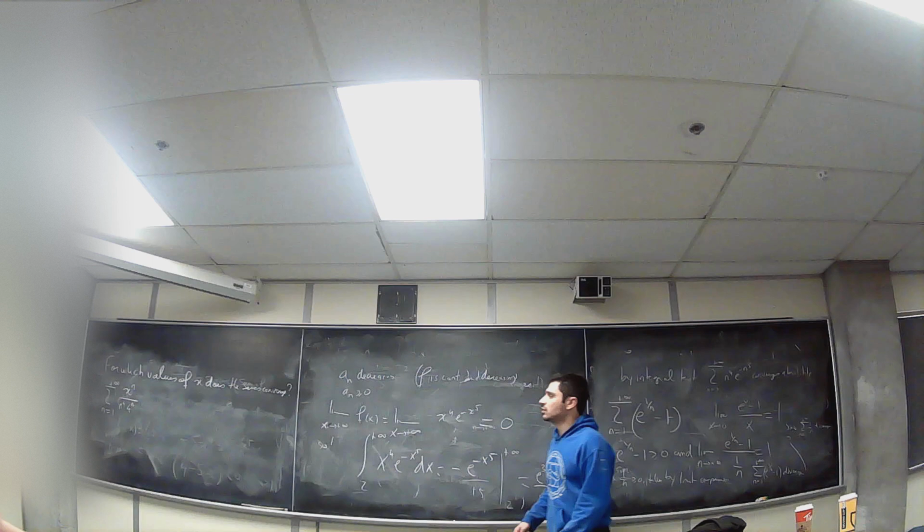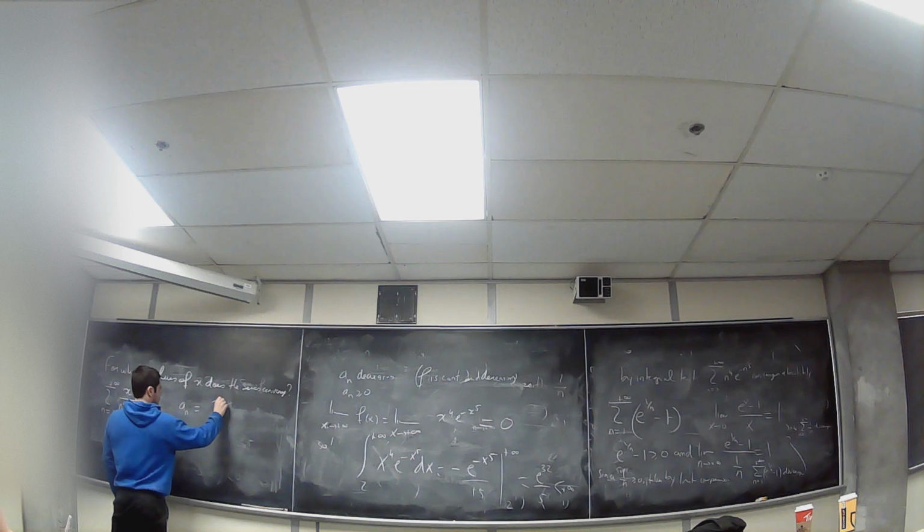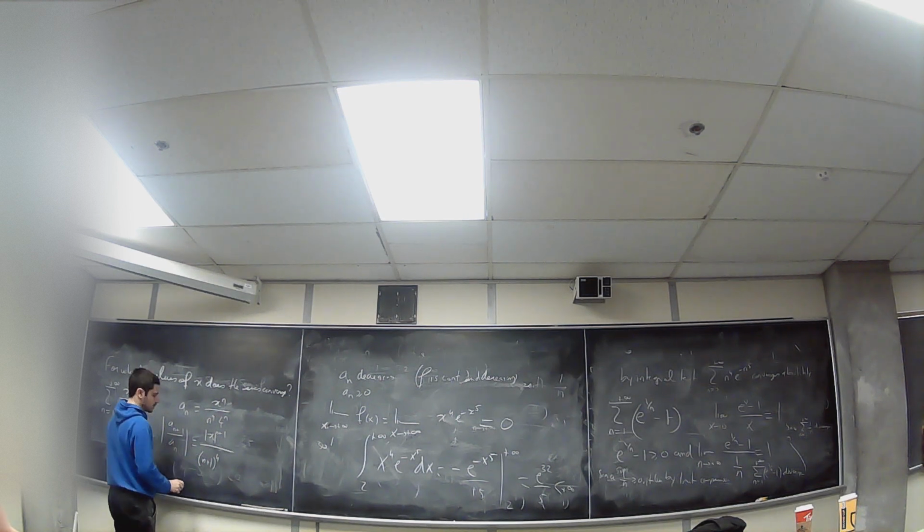So I take the ratio test, and I'll just call the term a_n. What is a_(n+1) over a_n? It's x^(n+1) over (n+1) times 4^(n+1), times 4^n over x^n.